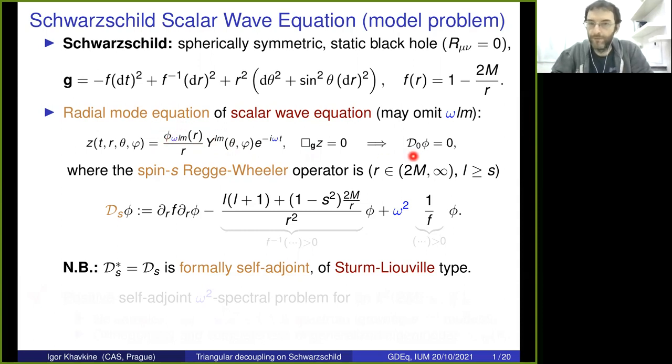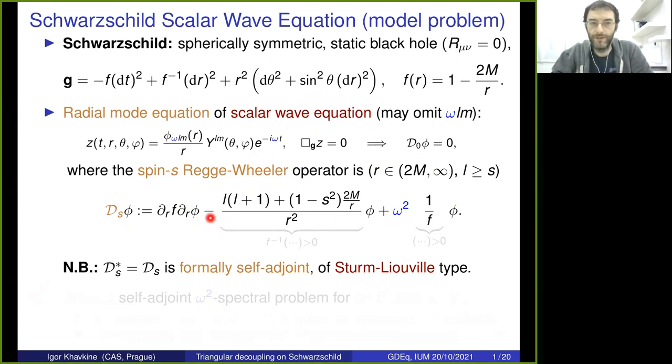I will refer to a certain family of ordinary differential operators that depend on the variable r as D subscript s. And so what appears here is the so-called D0 operator. This family is known as the family of Regge-Wheeler operators, named for the people who first wrote them down in this context.